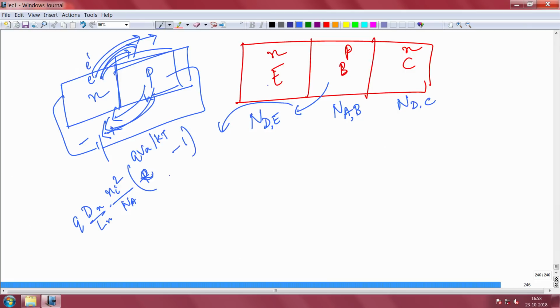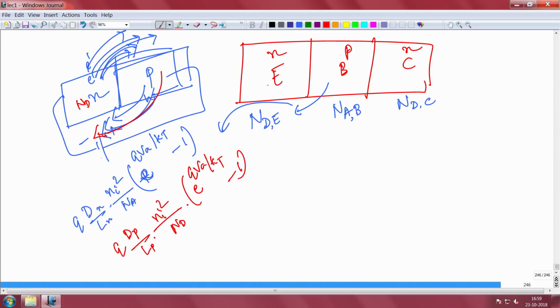That is your electron current to this side. And the whole current that comes this side is given by q Dp, if you remember from your p-n junction classes, by Lp into ni squared by the doping on the Nd side, Nd, e to the power qVa by kT minus 1. This is the Va that we are applying.